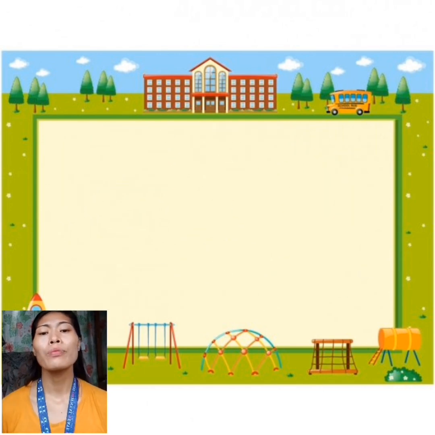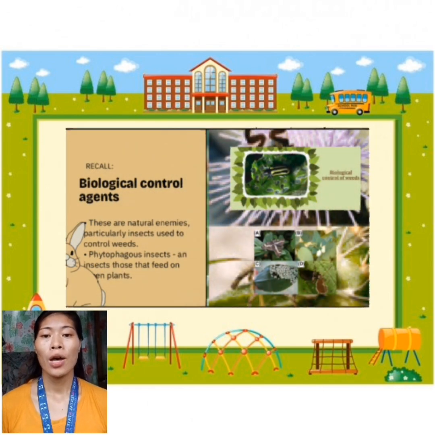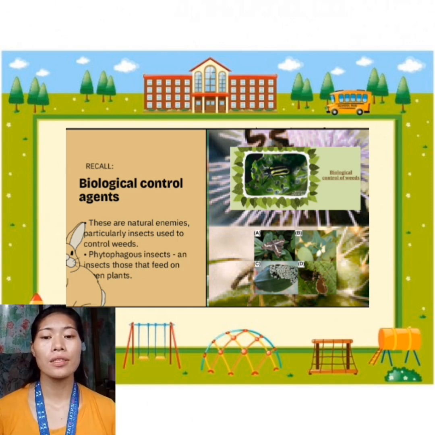The most common biological control agents in controlling weeds are insects. These insects have proven to be highly effective biological control agents. Insects have the characteristic of being phytophagous, meaning they feed on green plants and damage a large number of weeds.